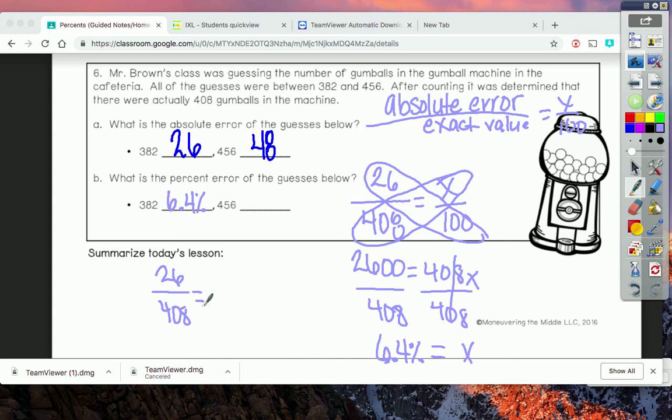Give me the first four digits. 0.0637. And to change a decimal to a percent, all you do is move your decimal 2 places to your right. So now we have 6.4%. I just wanted to show you that changing to a percent can be done this way, or you can do the cross multiplication. Do what you feel most comfortable with.